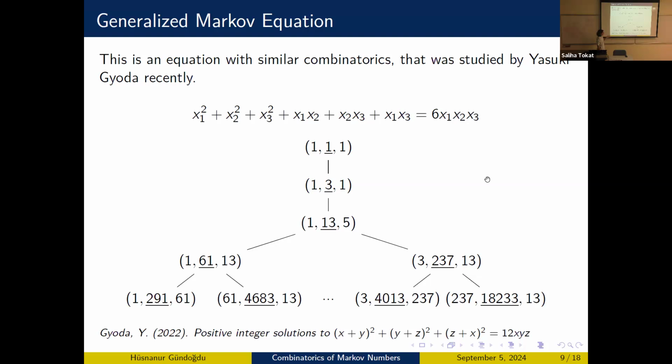We can create a quadratic formula and find the solutions with the help of this formula, and then we can say that the only singular triples are 1, 1, 1 and 1, 1, 3, and that all the solution triples appear in the tree. So we can do the same things for this equation too. For more information about this equation, you can read the article by Yasuke Gyoda from 2022.